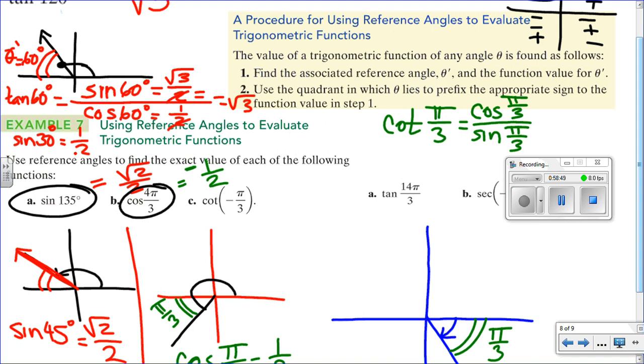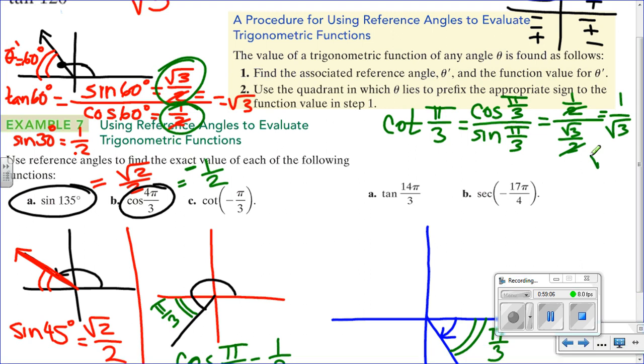So the cosine of pi over 3 is right here, 1/2, and the sine of pi over 3 is the square root of 3 over 2. Cancel the 2's, and we get 1 over square root of 3, but we don't want it like that, so square root of 3 over 3. Very good, after rationalizing, right?